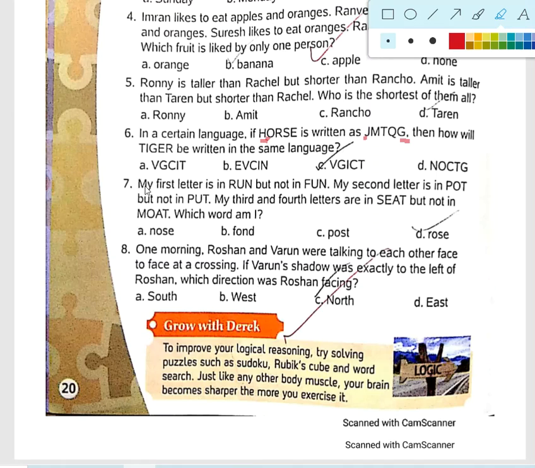Okay. Now let us see tiger. See T. So one letter after T: U, V. V. Okay.